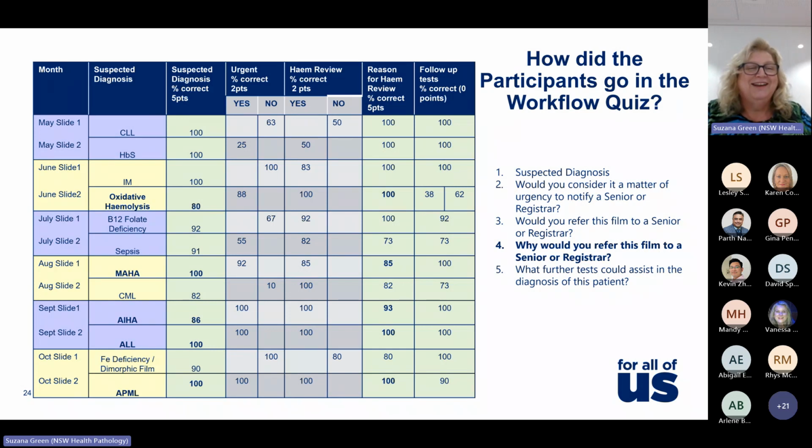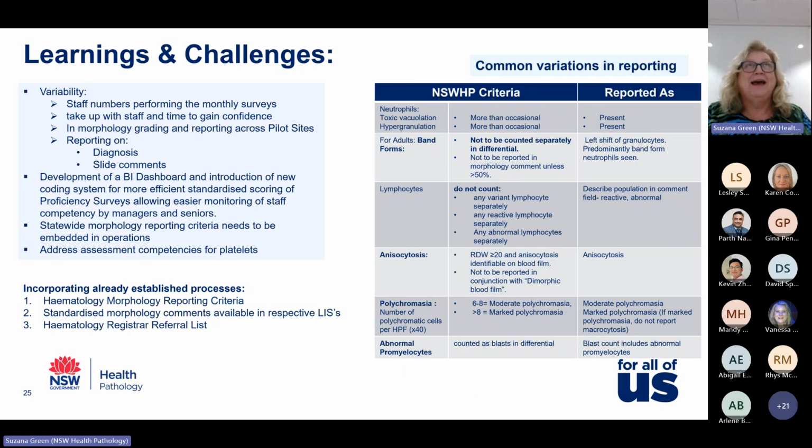Mostly done well. There was one that I thought was quite questionable in regards to a sickle cell. Some people didn't think it needed to go to a registrar. So this is where I think we can improve, and that would be really by using our standardized interpretations and comments and following our haematology reporting criteria, which is already there.